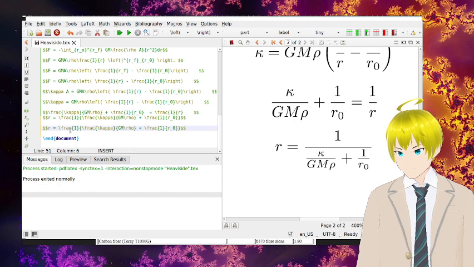You need an R naught out front times a constant GM rho. Oh, hold on a second. No, never mind. I was thinking that rho had something to do with kappa, but it literally doesn't.